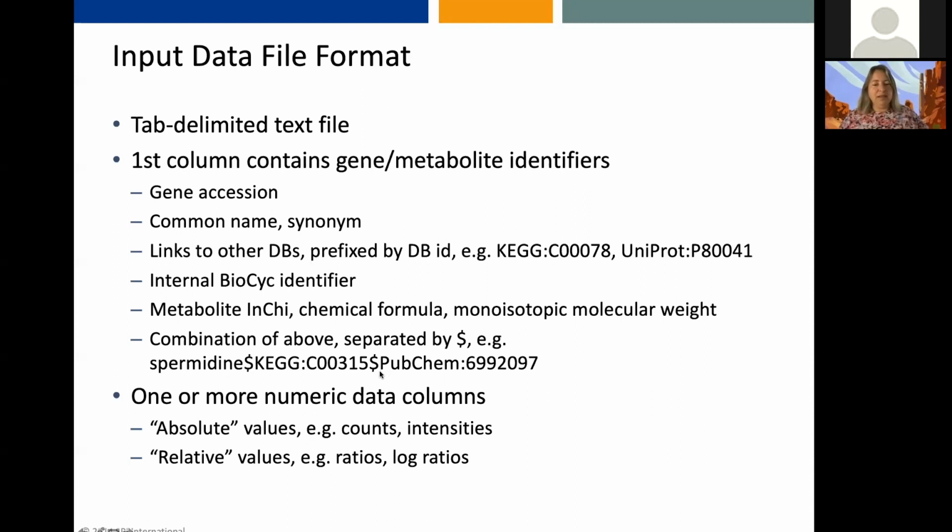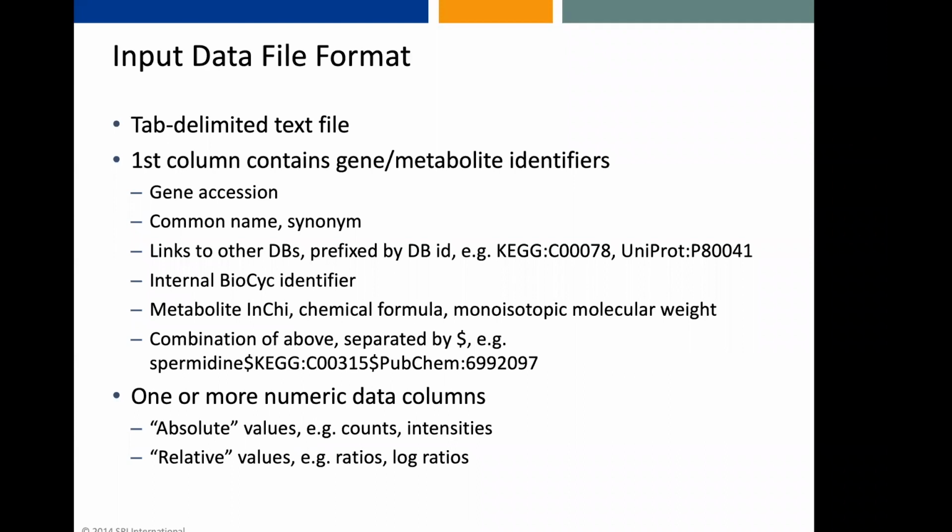So in this particular compound, we have all these links, but if you have a compound name that might not be recognized, you might also provide the KEGG ID in the hopes that we'll recognize either the name or the KEGG ID, because we obviously don't have a complete mapping between BioCyc and KEGG, or perhaps you might also supply the PubChem ID, and hopefully, if we don't have matches to all of those, we might have matches to one of them and be able to identify the metabolite that way.